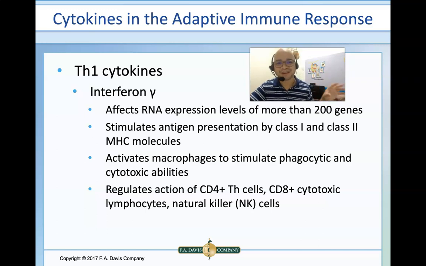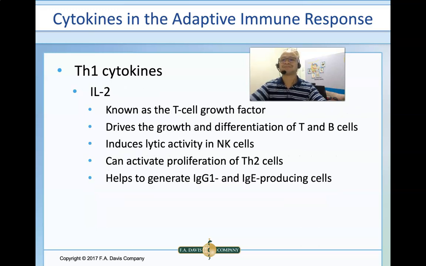As we all know, if macrophages phagocytize something as antigen-presenting cells, this macrophage will present it to the CD4 positive T cells. Gamma interferon will regulate the action of CD4 positive Th cells, CD8 positive cytotoxic lymphocytes, and even that of the natural killer cells or the large granular lymphocytes.